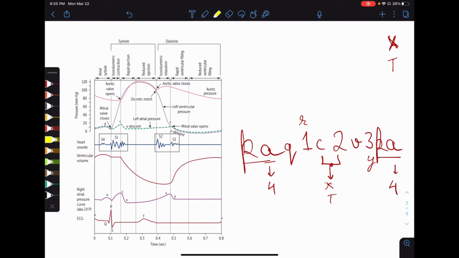So let's see what's happening here. P is the EKG P. A is JVP, and the A wave will coincide with the S4. If you hear the S4, you see the sequence here, how easy it is. P, A, and the 4.